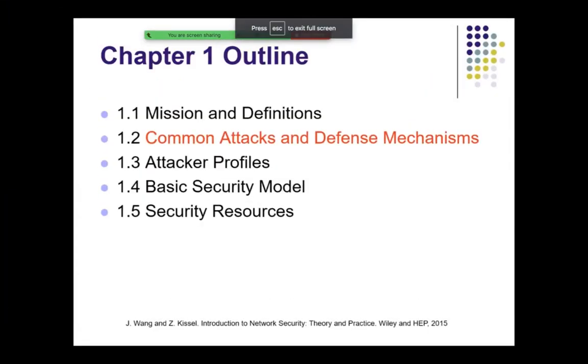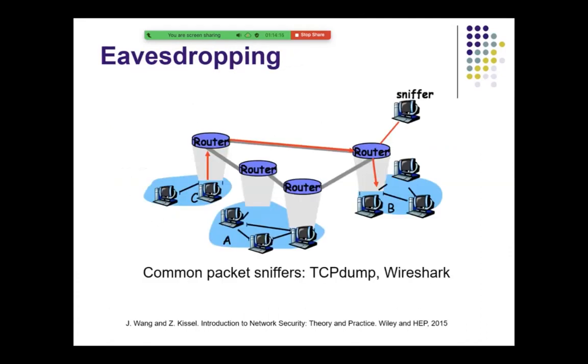Now let's look at common attacks, common network security attacks, and defense mechanisms. Okay, so the first attack is eavesdropping. As we saw in the previous video, the internet we are using today is a public network. That means that any communications between two remote parties will have to go through routers controlled by a third party.